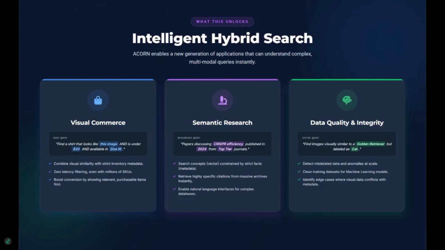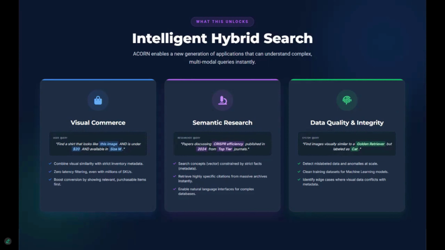So what does this mean outside the world of research papers? It means all the intuitive, complex kinds of search people naturally want are now possible at full scale, without the system slowing down. You can mix visual similarity with price filters on shopping platforms and get instant results. Researchers can combine conceptual ideas with precise metadata filters. Data scientists can find strange anomalies in giant data sets in seconds.